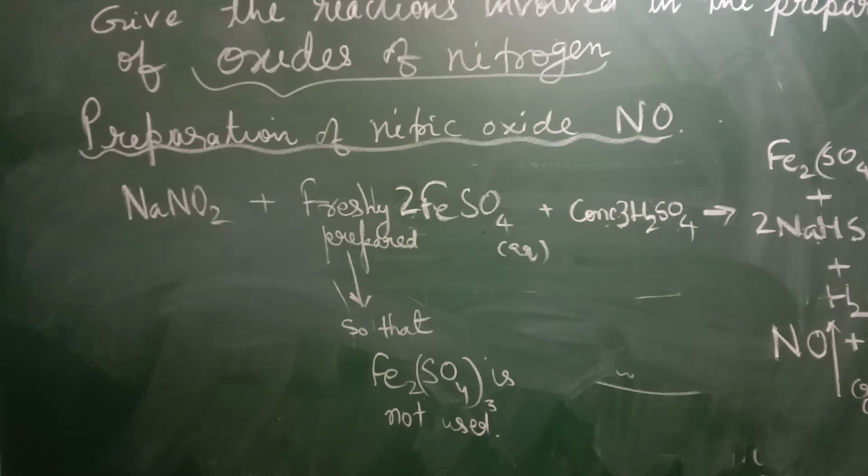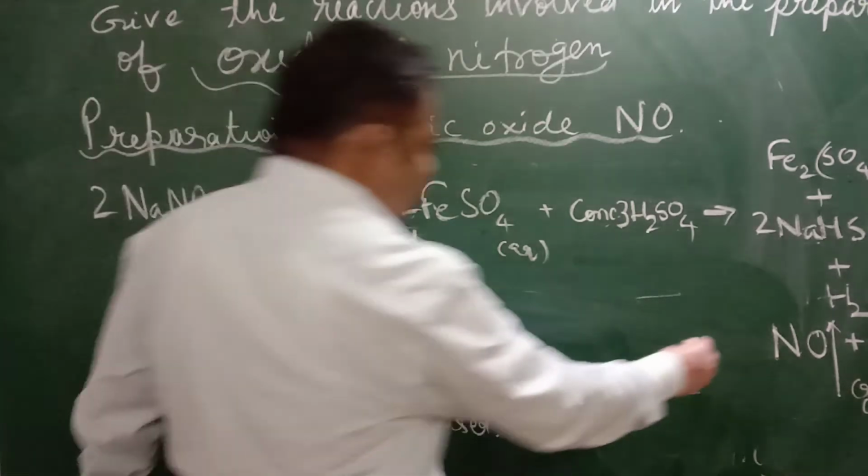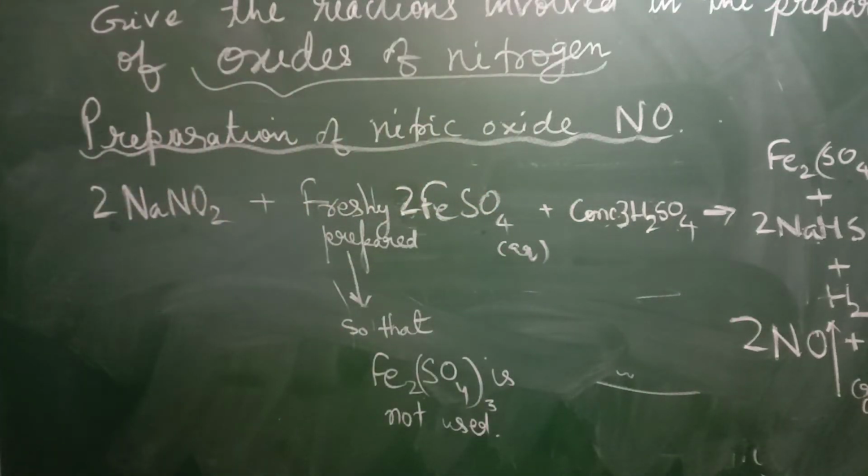We'll try to balance water now. Before that we have to see sodium. There 2 NaHSO4 is there, so we give 2 so that sodium ions are the same on both sides. Now here nitrogen also becomes twice, so we can give 2 nitrogen. Hydrogen will balance now, or whatever oxygen is remaining we can balance by balancing the water molecule.